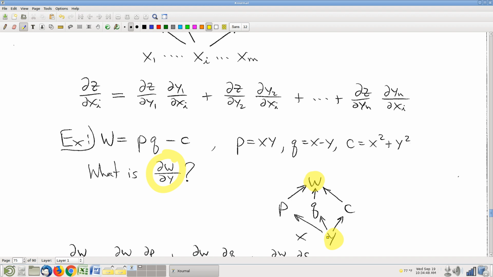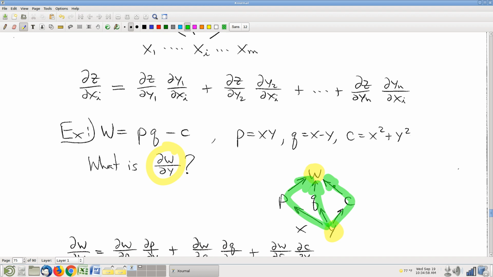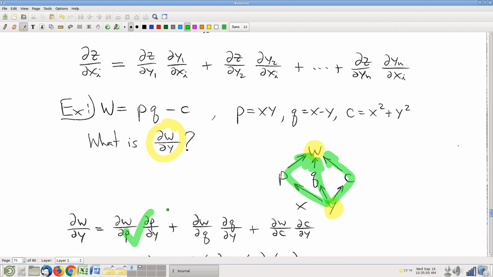There's the output variable that I want to measure the changes of. Notice that we have three paths, corresponding of course to three intermediate variables. And that gives us three terms. Everybody happy?